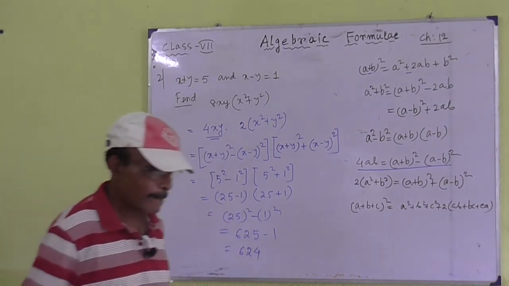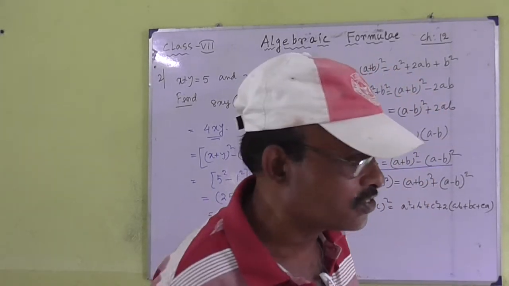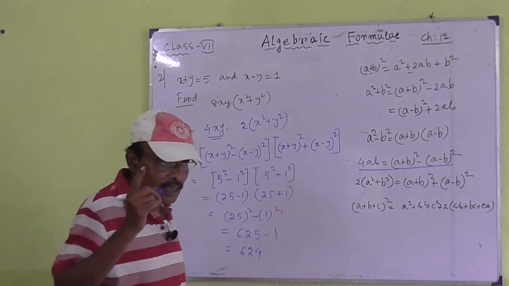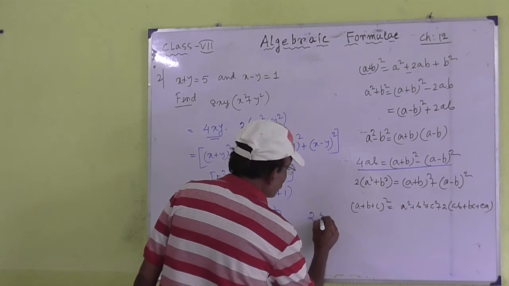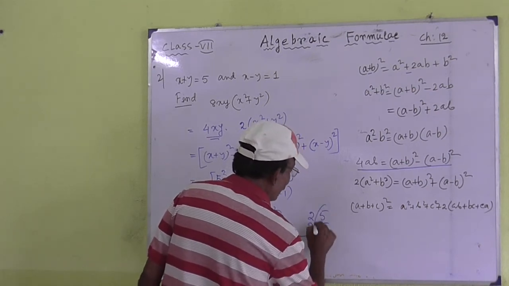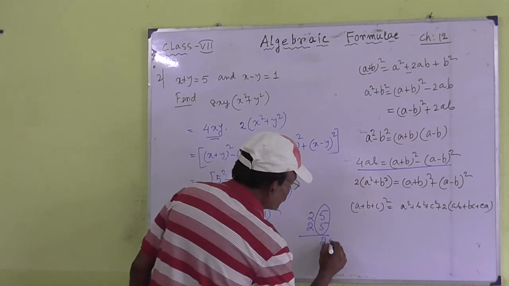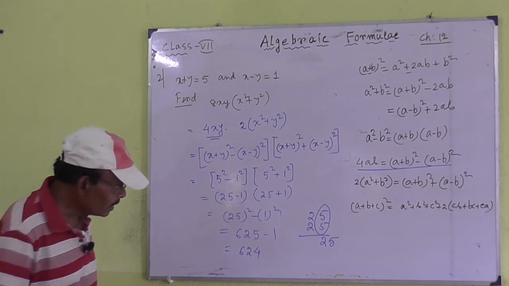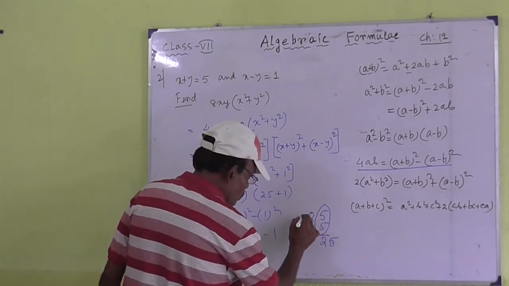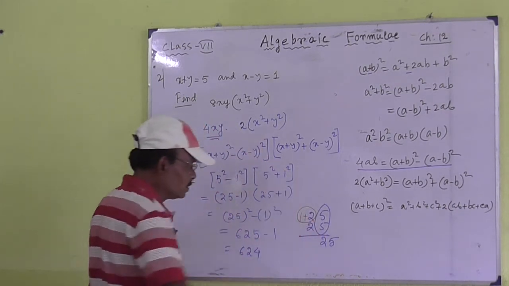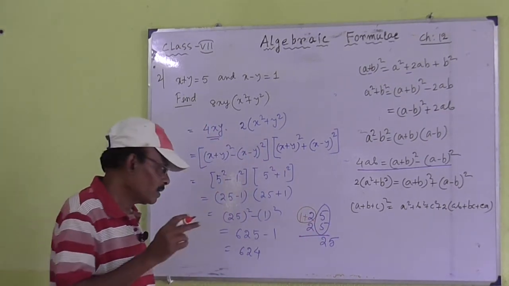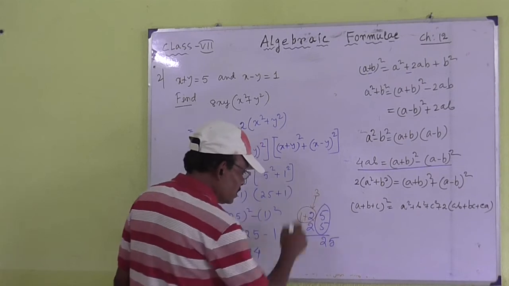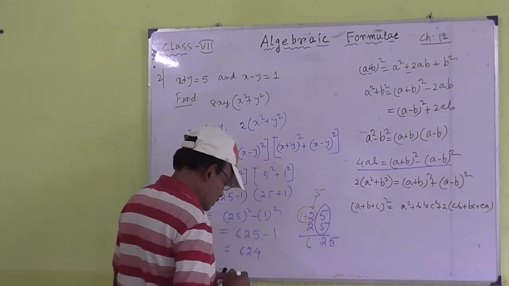25 into 25, there is a big calculation. To make this calculation, how to solve? Easiest process: 25 into 25, 5 5s are 25, okay, right, 5 5s are 25. Here this taken 1, only 1 added to the 2, so it gives the result 3, 3 2s are 6.